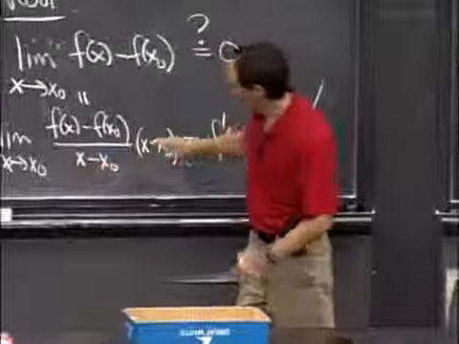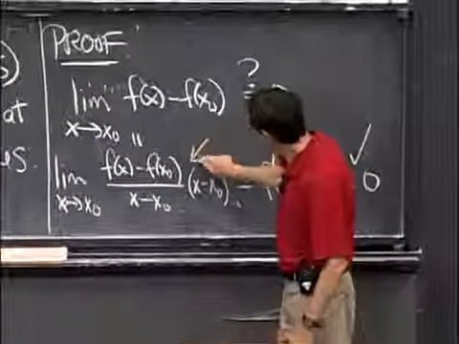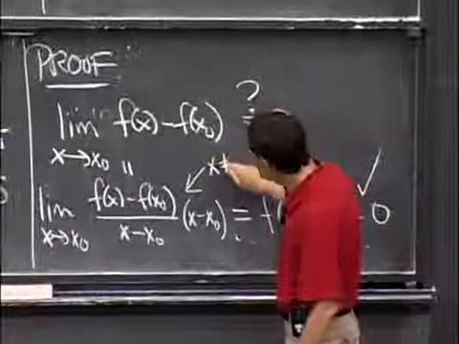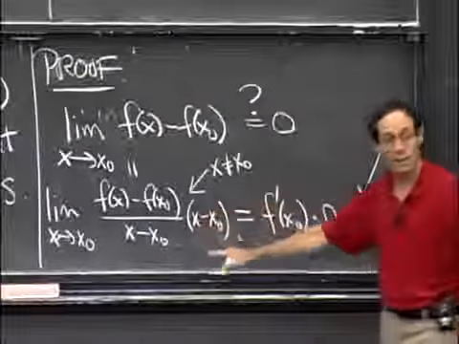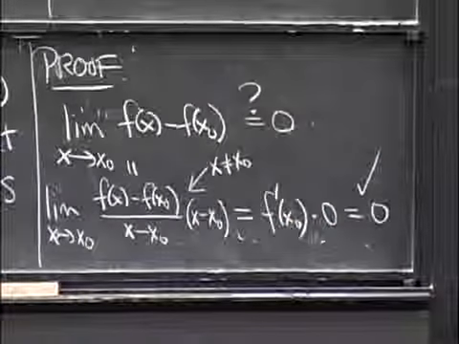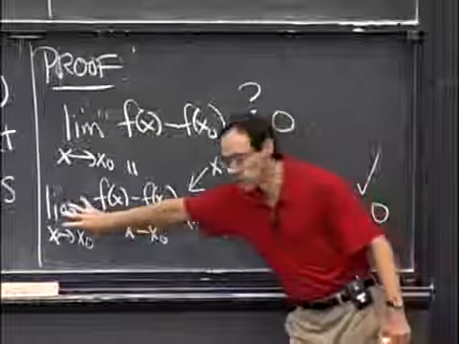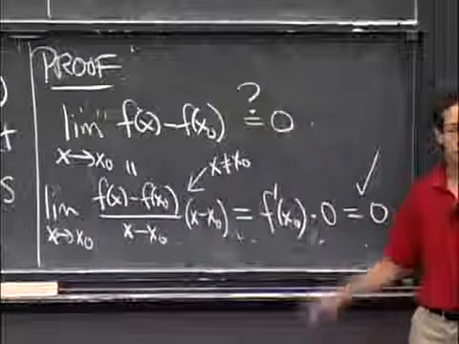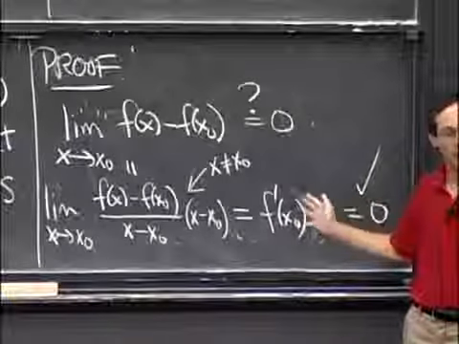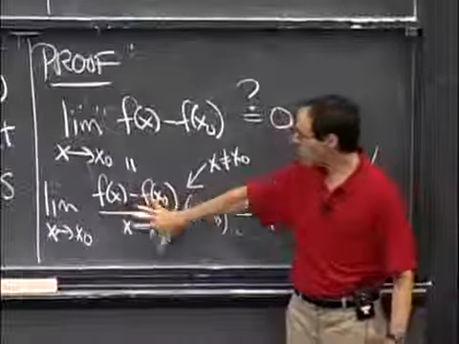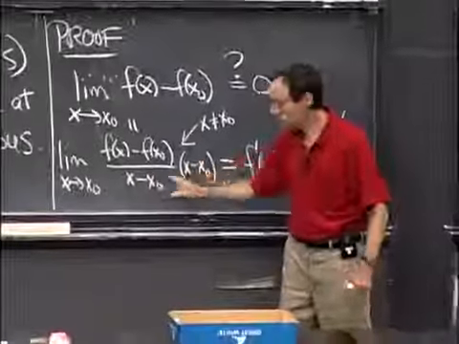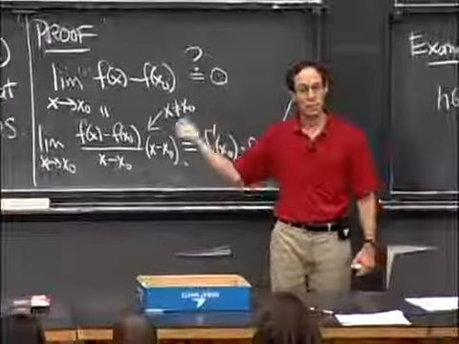In this limit, we never are using x equals x0. That's exactly the one value of x that we don't consider in this limit. That's how limits are cooked up. And that's sort of been the theme so far today, that we don't have to consider that. And so this multiplication and division by this number is legal.